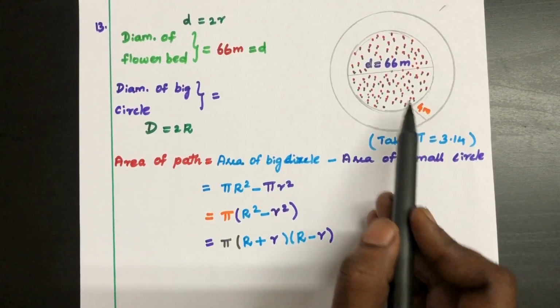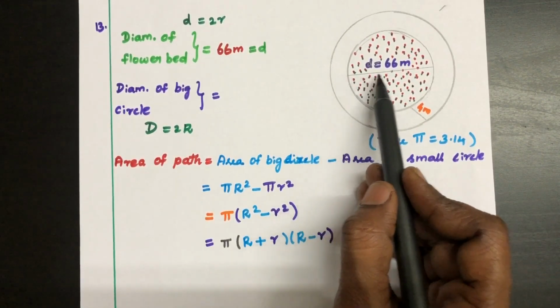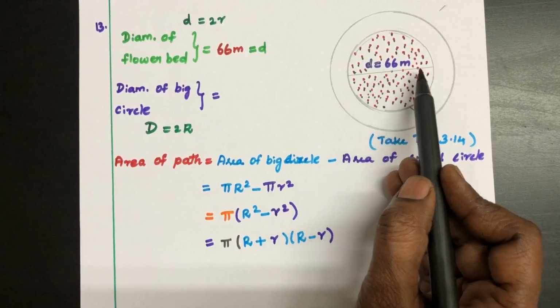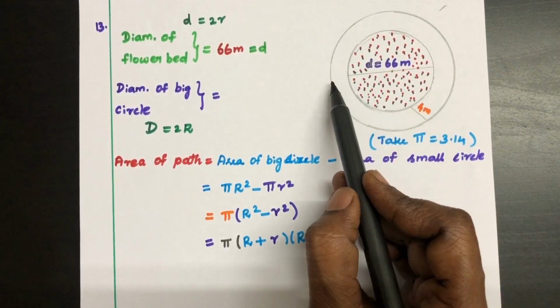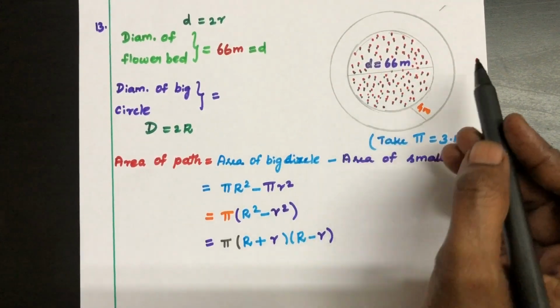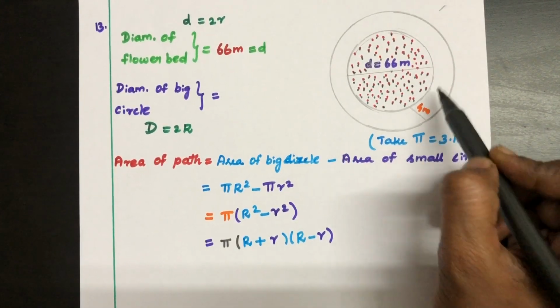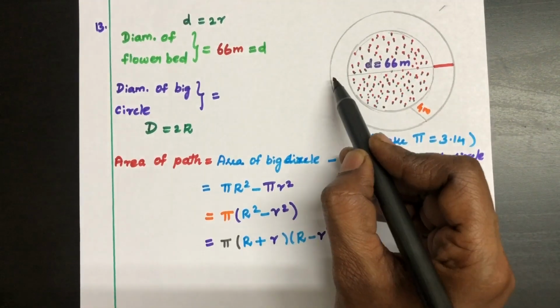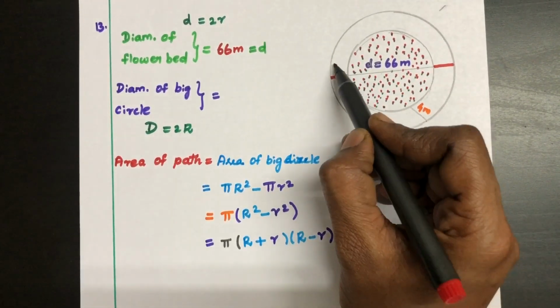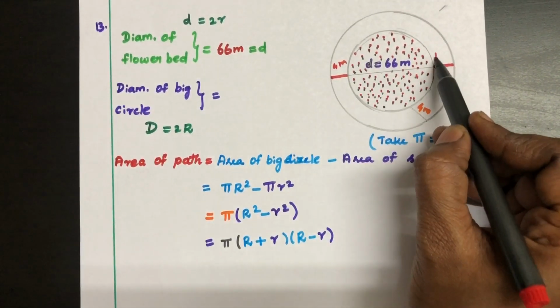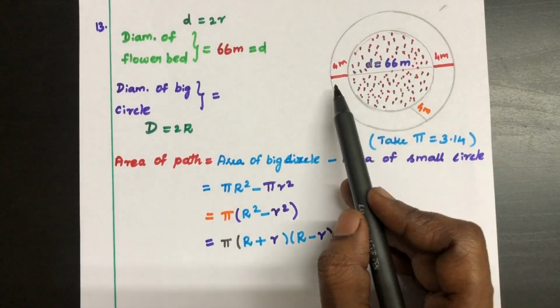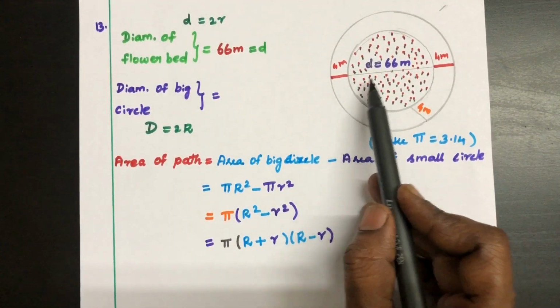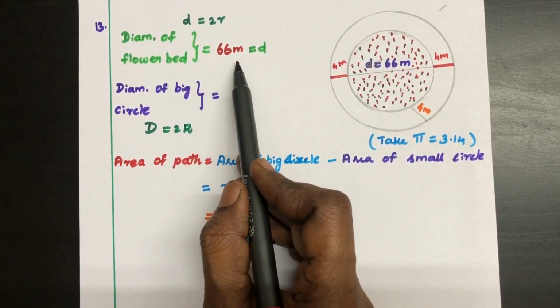Okay. So the diameter of the flower bed is D equal to 66 meter. So what is the diameter of the bigger circle? First we need to find that. This path means here 4 meter, here 4 meter, right? So the diameter of the smaller circle is 66 meter.